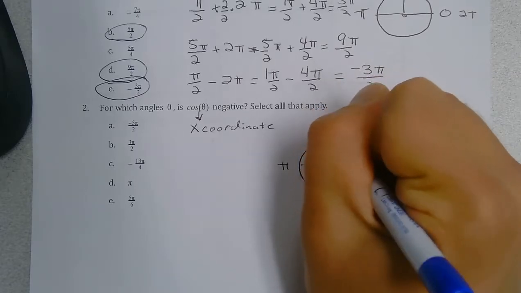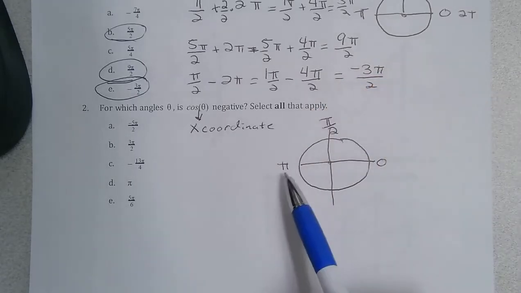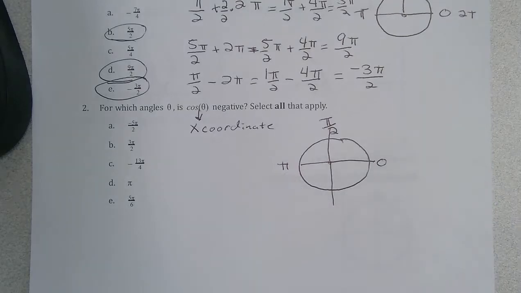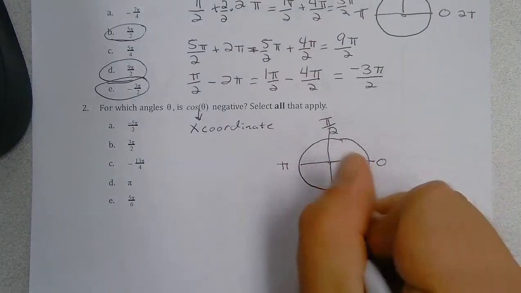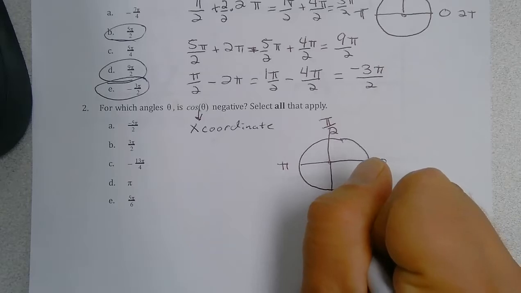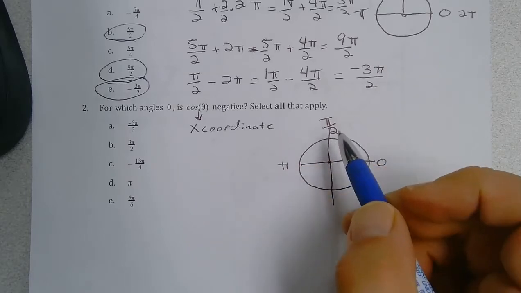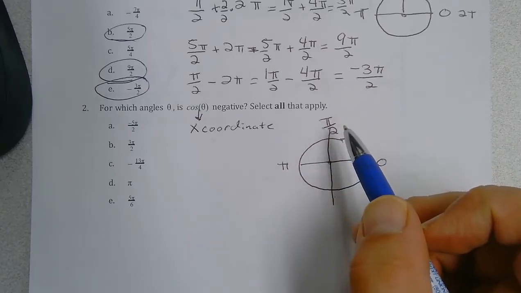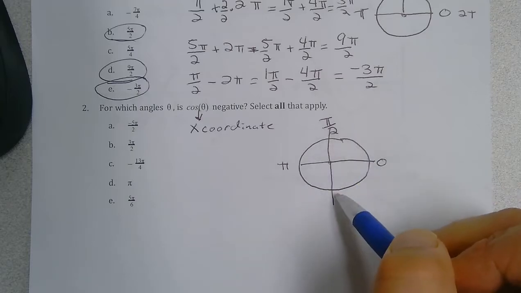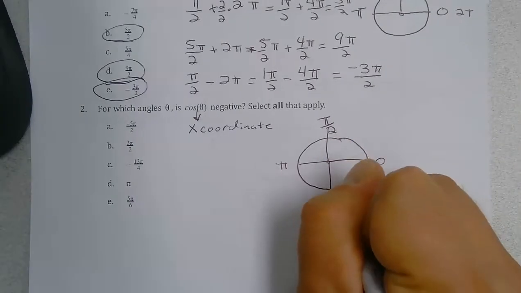And this is pi over 2. And then this down here would be 3 pi over 2.